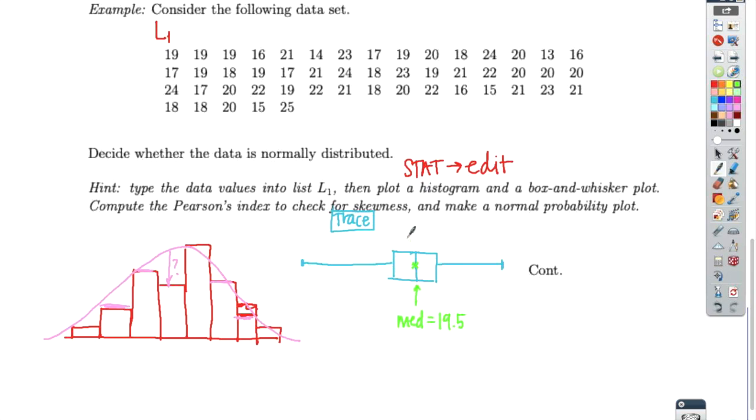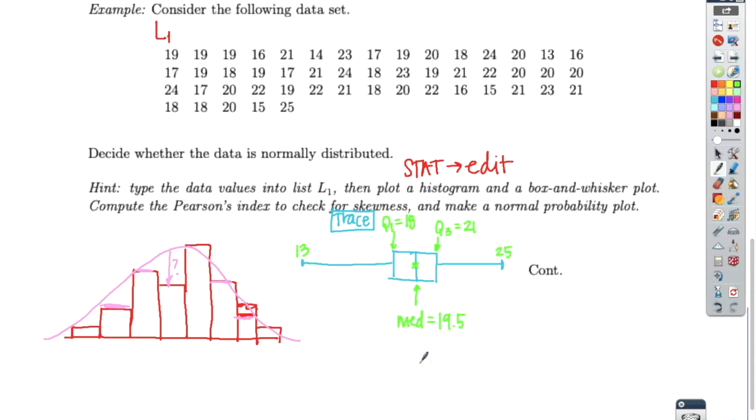I'm just going to scroll around here. When I scroll to the left, it tells me that Q1, my first quartile, is 18. It tells me that my minimum value is 13. And it tells me that my third quartile, which is here, is 21. And my maximum value is 25.